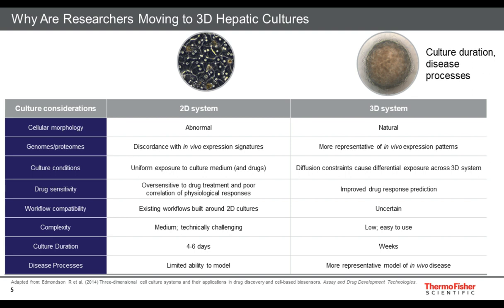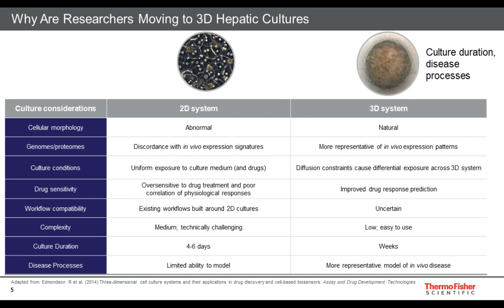In contrast, the 3D spheroids of these hepatocytes, so these would be non-proliferative human primary hepatocytes, are cultured in a way that promotes their self-aggregation. So in this case, with the primary human heps and the animal models that Julia will speak to later, these are non-proliferative cell types, and we're using culture conditions that promote the self-aggregation of these cells into spheroid structures.